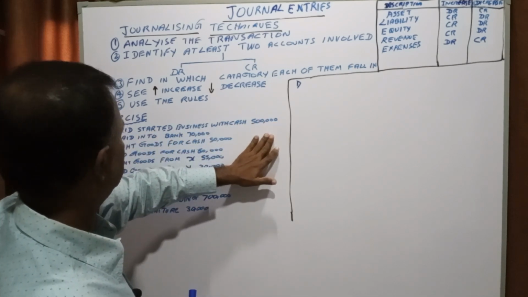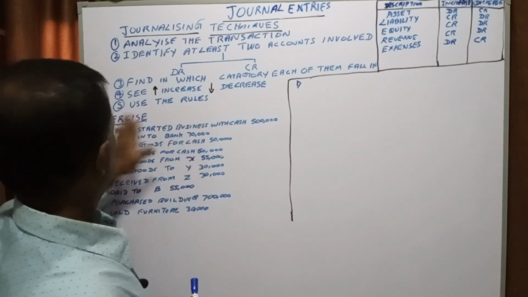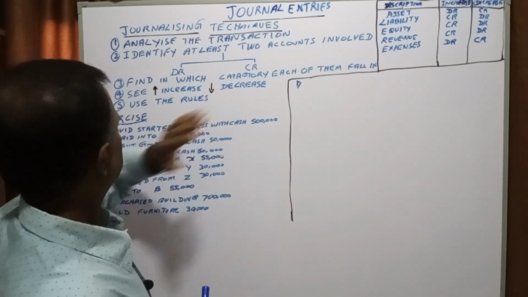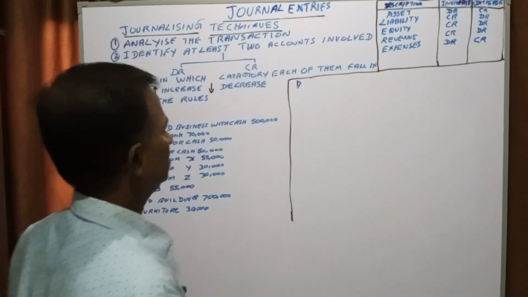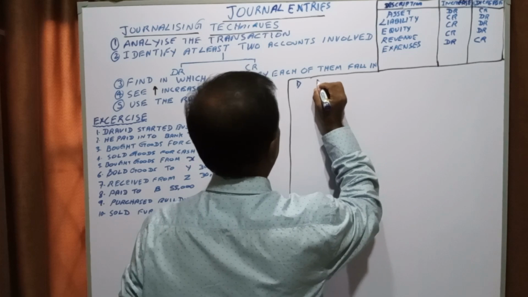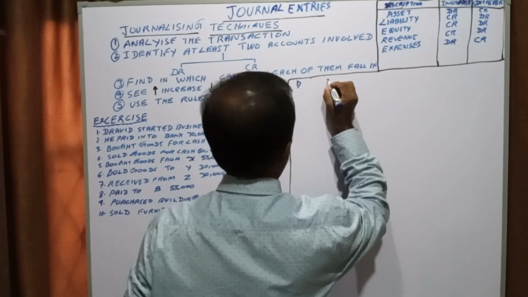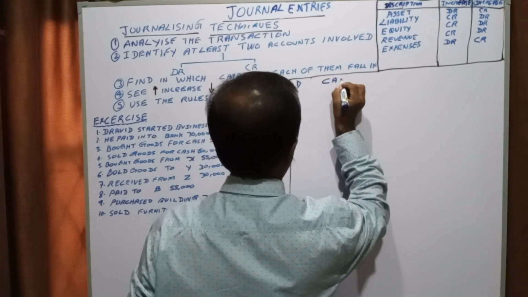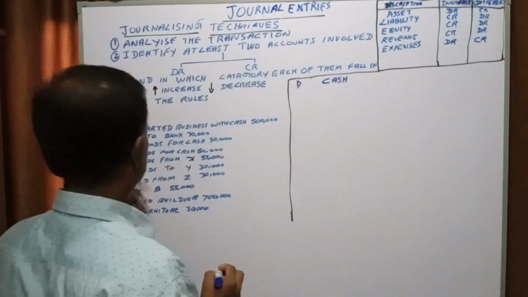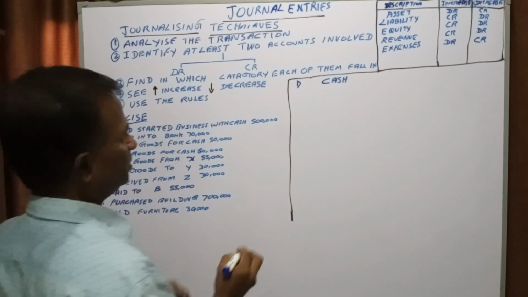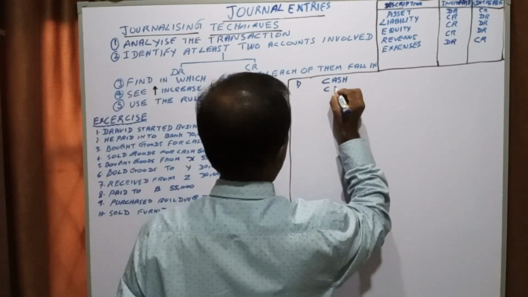500,000 cash coming in, and capital is going there. So identify at least two accounts. One is cash, and the other account is capital.